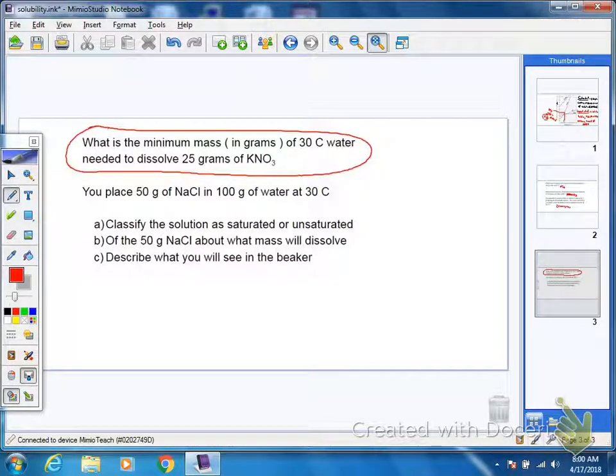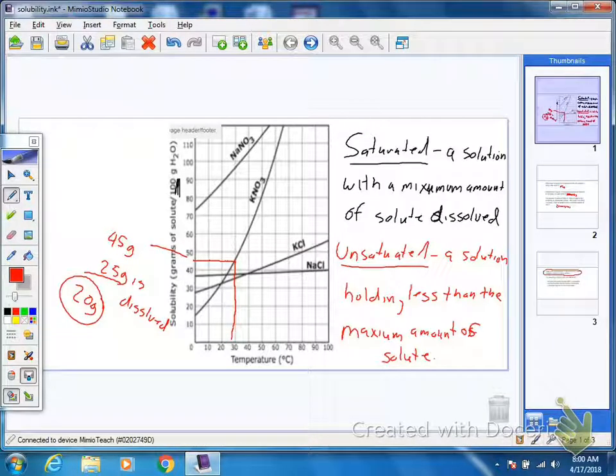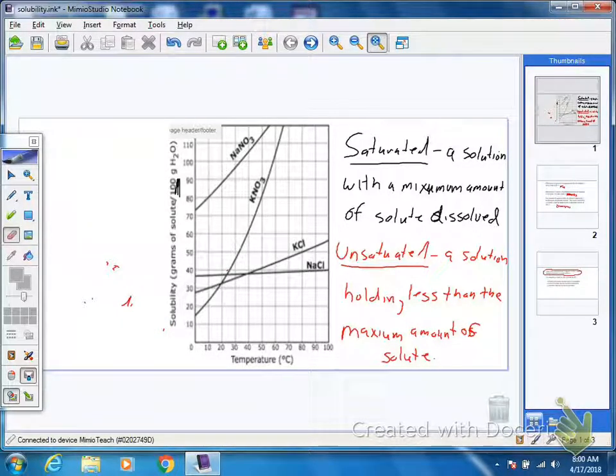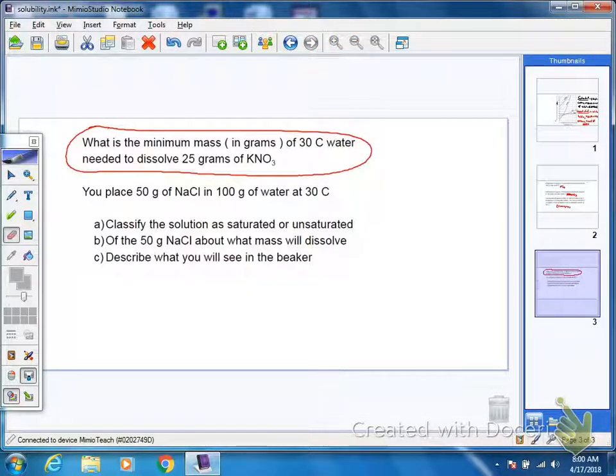You place 50 grams of NaCl in 100 grams of water at 30 degrees Celsius. Okay, so we'll go back to our chart. So this is at 30 degrees Celsius. So we're at 30 degrees Celsius for NaCl.